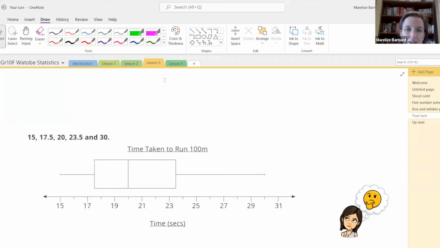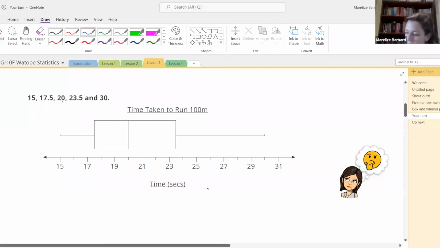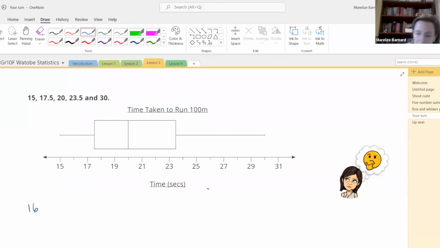Check yours. The median is 20. We get that because we are taking the two middle data values, 19 and 20, and adding them together and dividing by 2. I'll quickly explain this. So it's 15, 16.